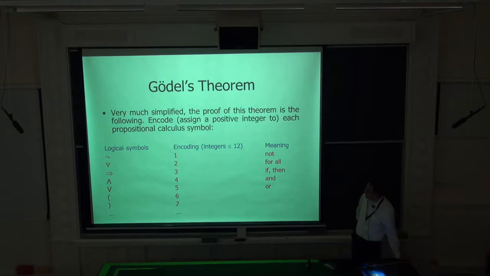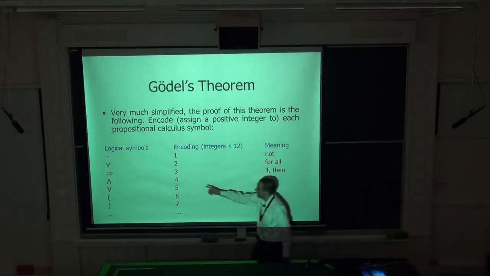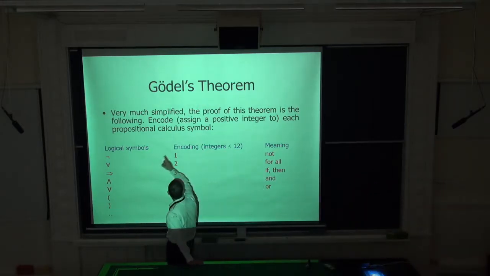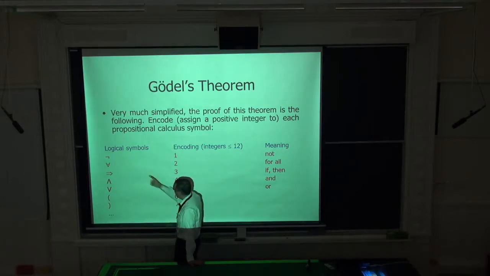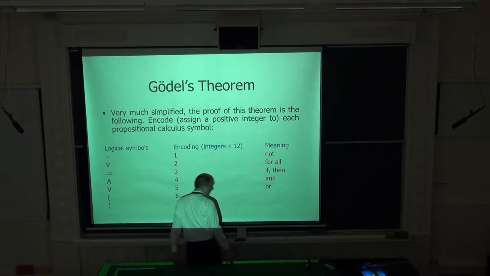He started by assigning a positive integer to each propositional calculus symbol. So in a way, this is quite similar to ANSI or ASCII codes. He decided that, let's say, this first logical symbol, the negation, would be associated to 1, and this one to 2, this one to 3, and so on.